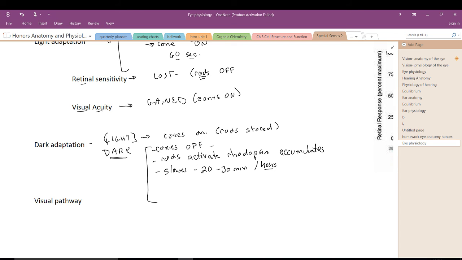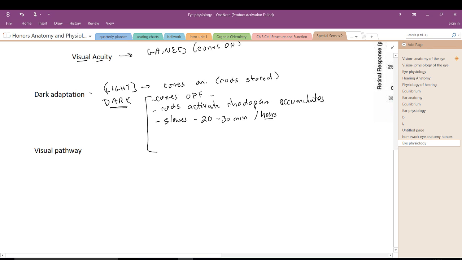So now the visual pathway, we need to go back to our sheep brain to kind of remember. So here's the underside of our brain, and here would be our two eyes. What's going to happen is that optic nerve is going to come down the underside of our brain, and it's going to cross.